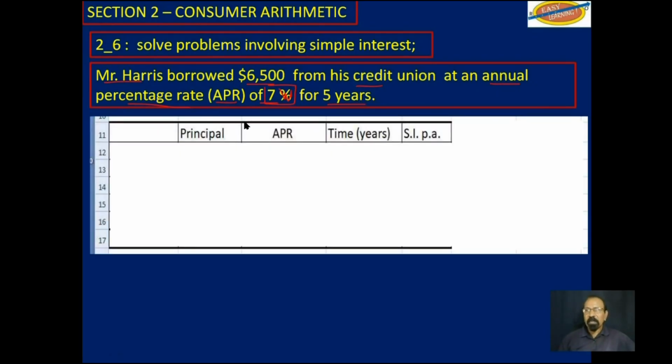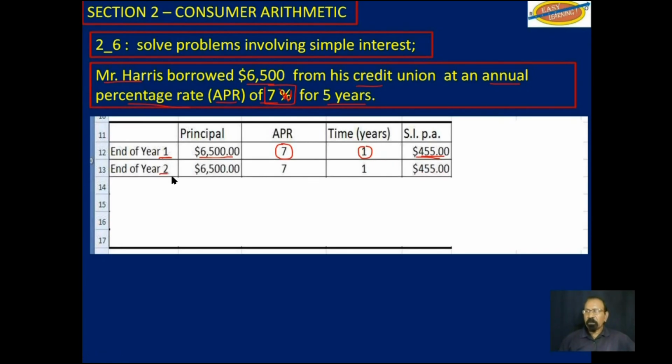So if you put that in a table in Excel, at the end of the first year, the amount borrowed is $6,500. The percentage rate is 7. Year 1, the interest would be $455. That is to say, if you find 7% of $6,500, you will get $455.